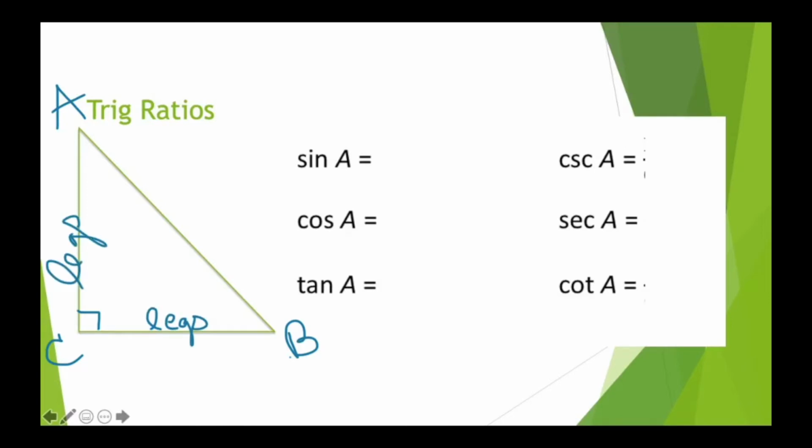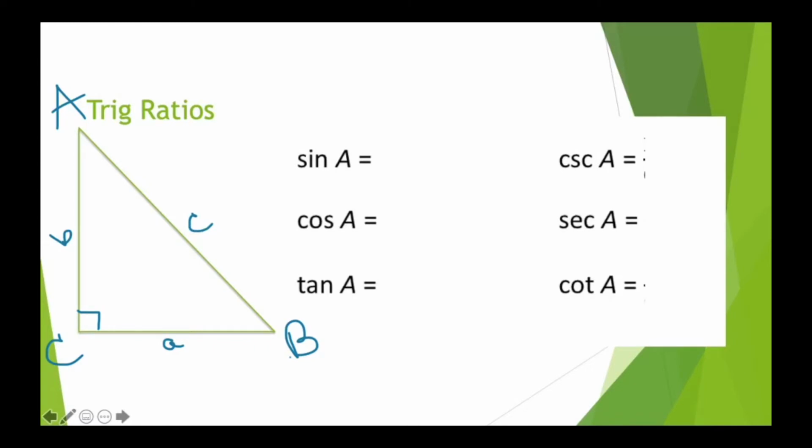And this last one, the opposite of the right angle here, is called the hypotenuse. We're going to use this letter A, and the opposite of the letter A is going to be lowercase a. And the opposite of that side B is going to be lowercase b. And the opposite of the hypotenuse is going to be lowercase c.